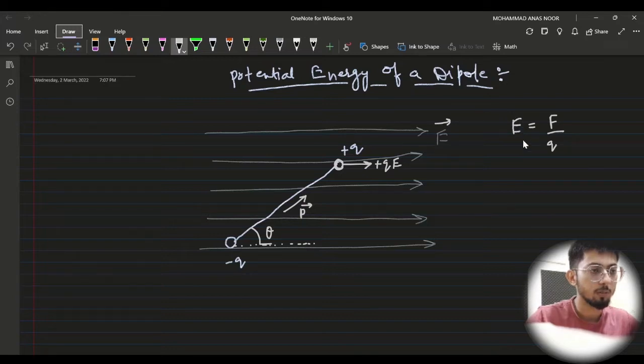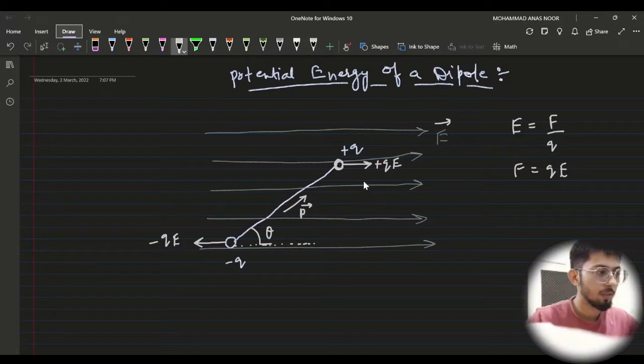Force per unit charge is the electric field, so force on the charge would be Q into E. Similarly, the force on this charge would be in the opposite direction to that of E, because this will be repelled. That would be minus Q E.